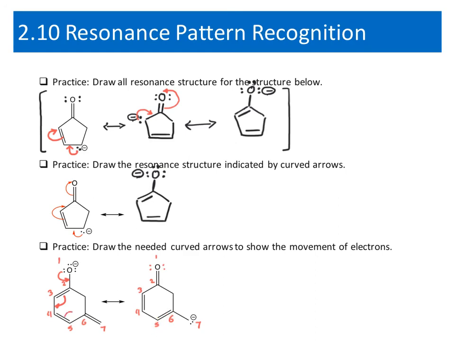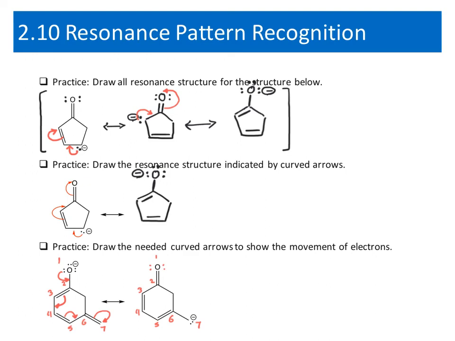So the pi bond moved here, and then the double bond between carbon 6 and 7 converted to the lone pair of electrons. So the pi bond moves to form the lone pair. All right. This is how you can show the movement of electrons using the curved arrows in the first structure.